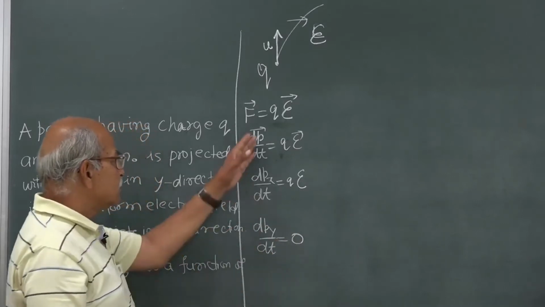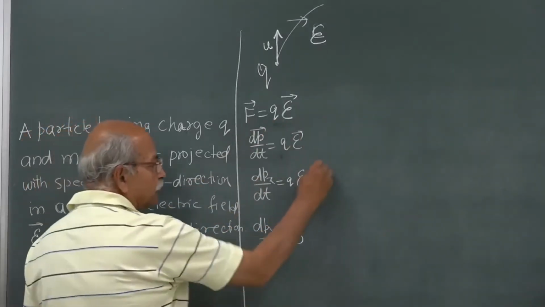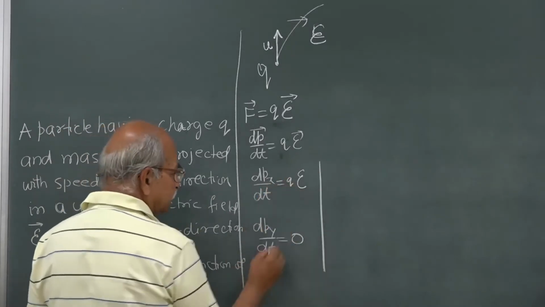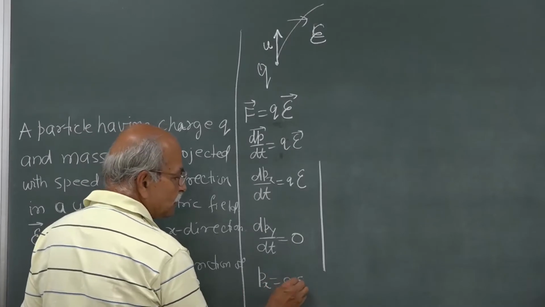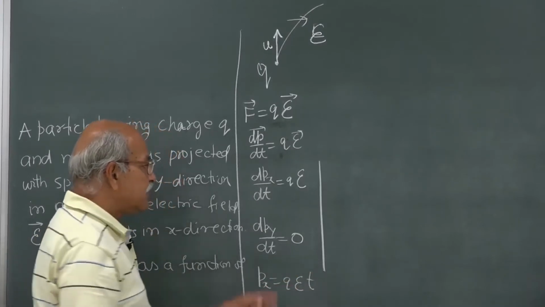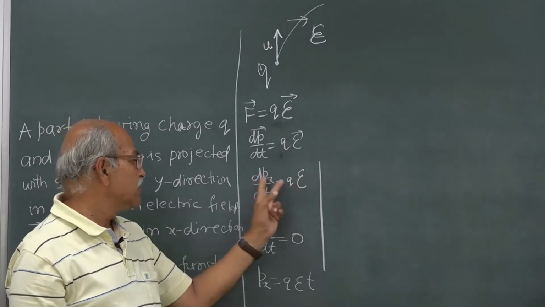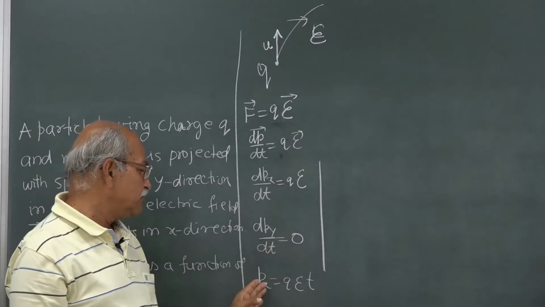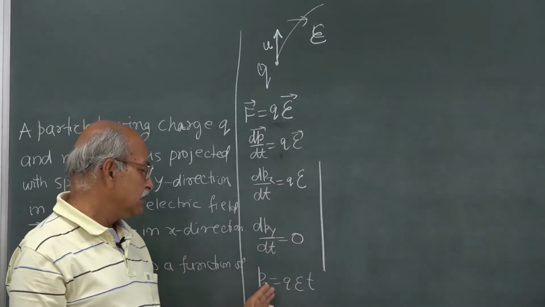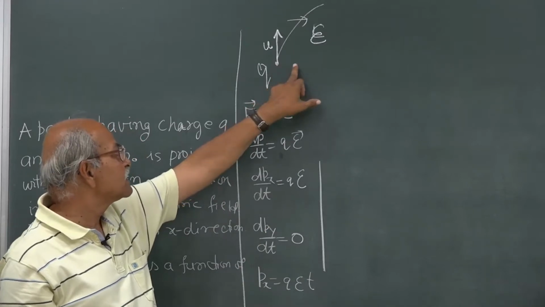In y direction there is no force, and therefore this is 0. So, from here you can integrate: dpx is qE dt, and then you get px is equal to qEt, because this is constant. Initially there is no linear momentum component in x direction.